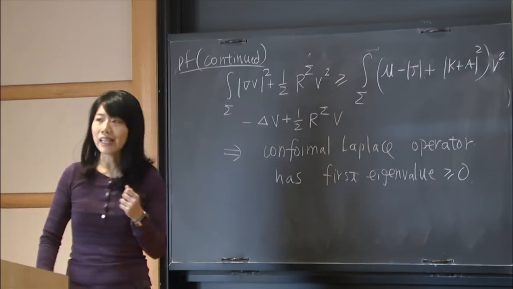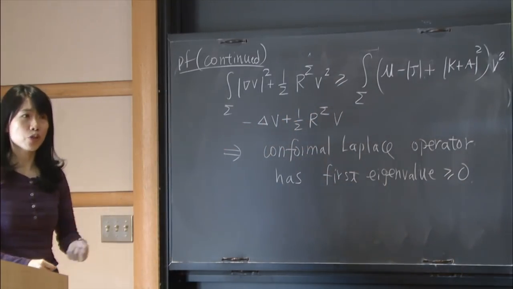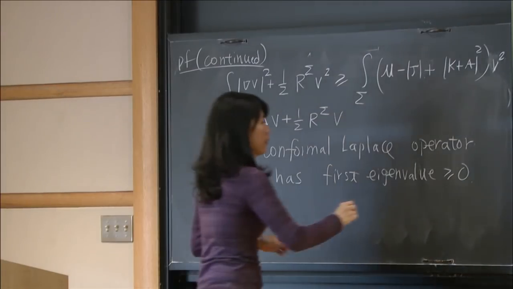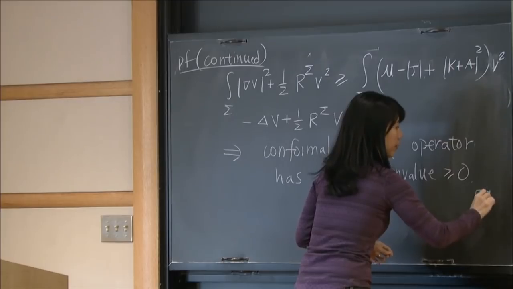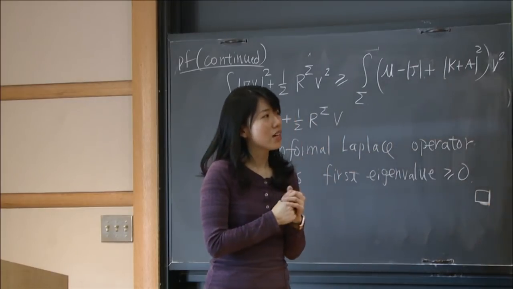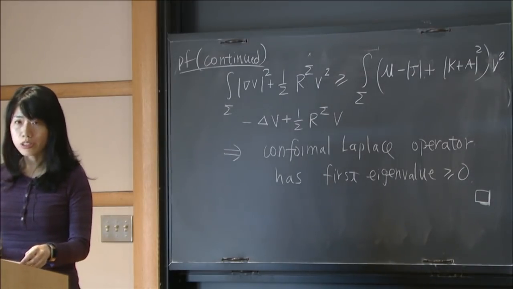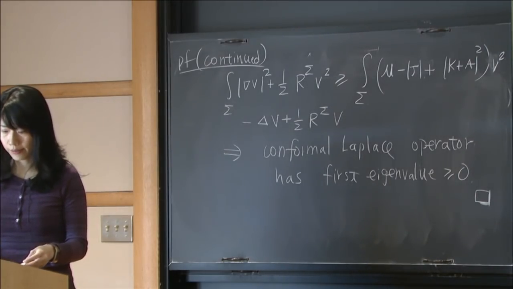And then the corresponding eigenfunction can be used to conformally change the metric to get non-negative scalar curvature. So this computation tells you stable MOTS somehow behave very similar to stable minimal surfaces.